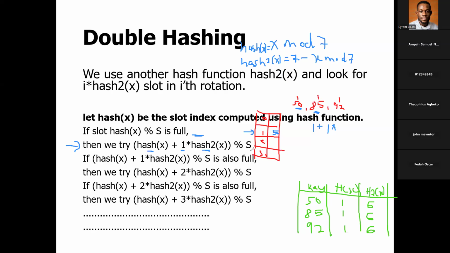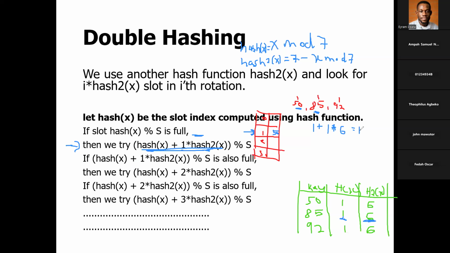Based on this understanding, let's come back to our example. We said that 50 is occupying index 1, and 85 is also giving us 1, which is already full. So we try this. First we have hash x, which is 1, plus 1 times our second hash function, hash 2x, which is 6.